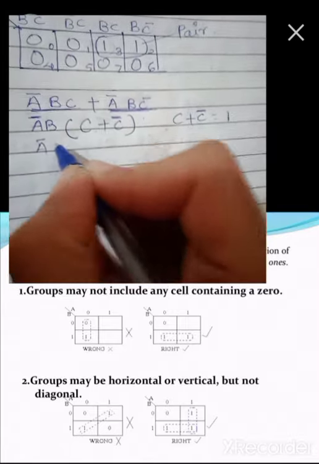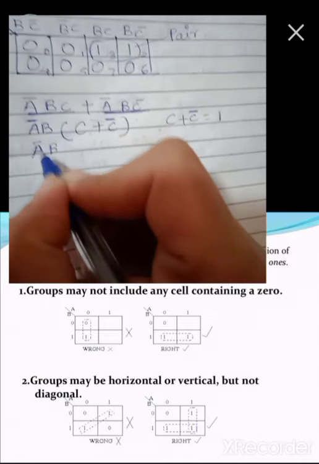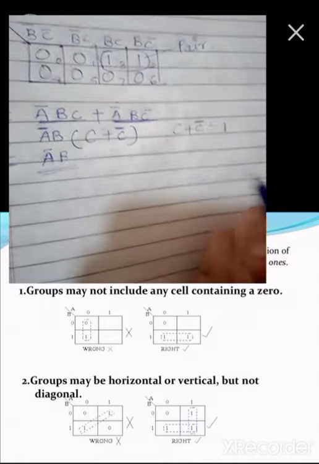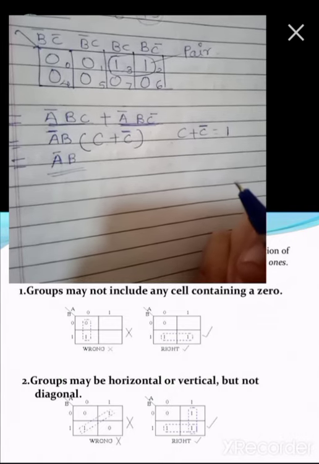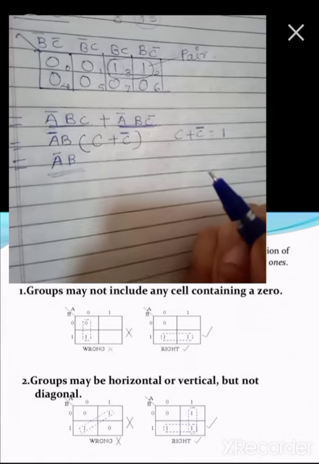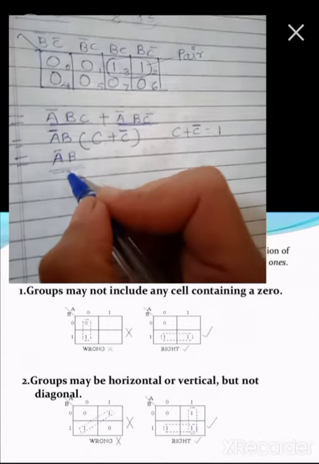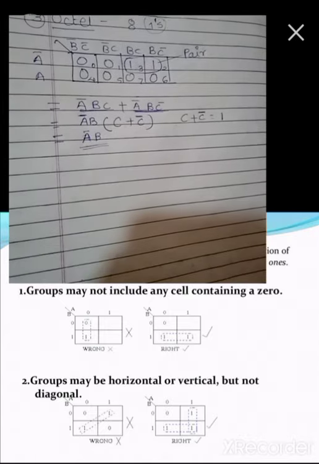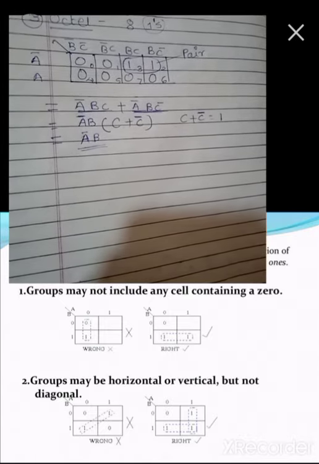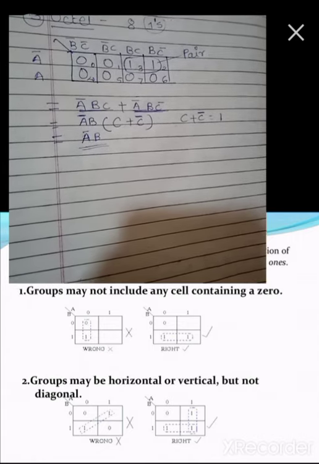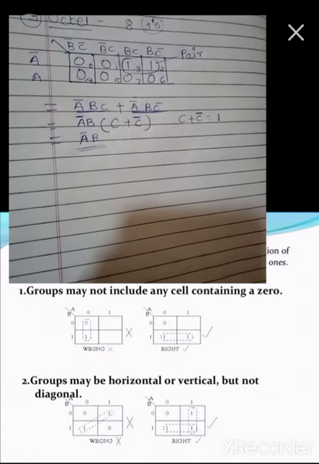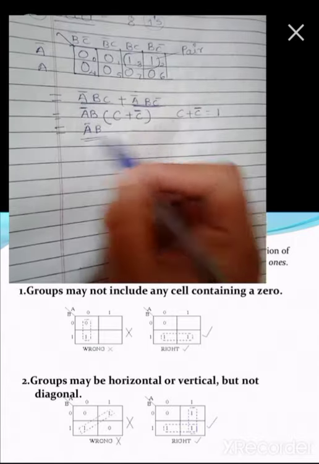So the answer is A bar B. So in your answer you got the reduced term, that is A bar B. This is the technique for solving a K-map. First think about a pairing, then write the equation for each individual one term, and after that by applying Boolean algebra laws you can solve the equation.